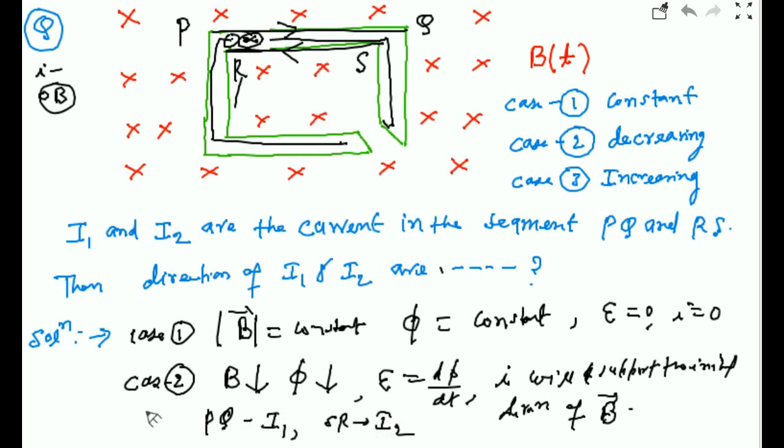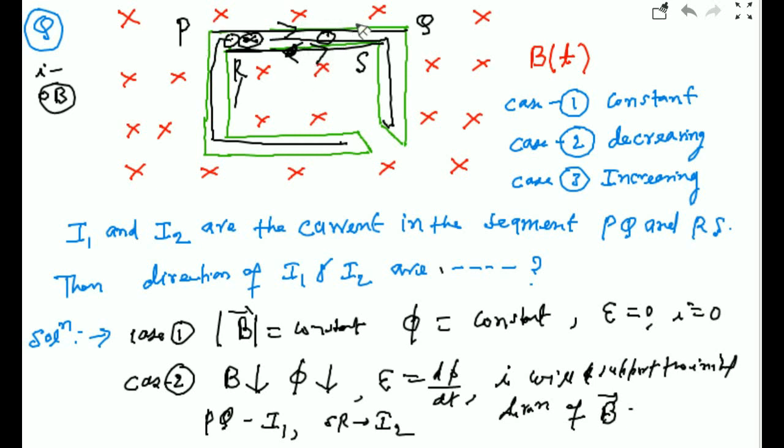Now think about case 3. Because the magnetic field is increasing, flux will also increase. So the induced current will try to reduce the initial magnetic field. What is the initial magnetic field? Into the plane. So now here it will be R to S. Now we check this point inside the closed loop, the magnetic field will be outward.